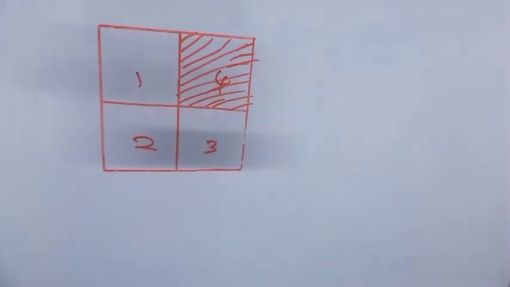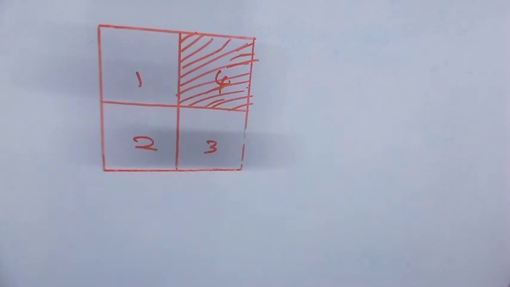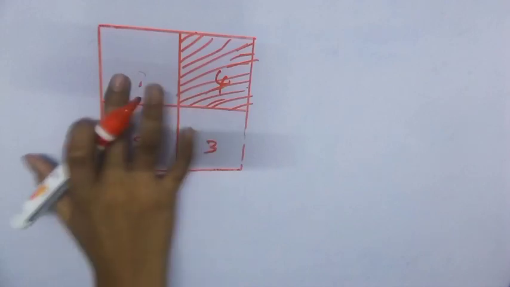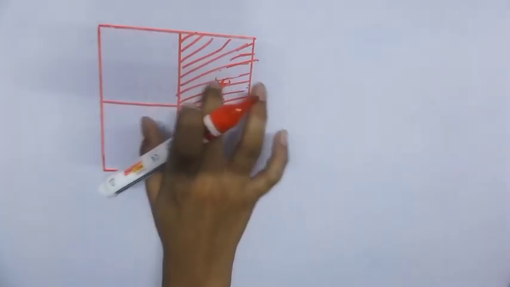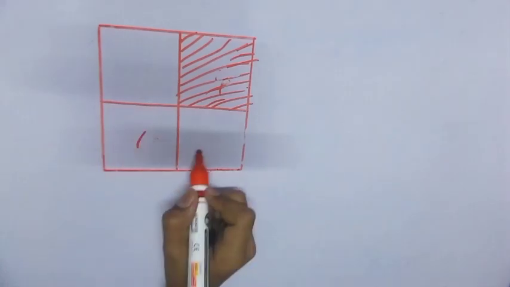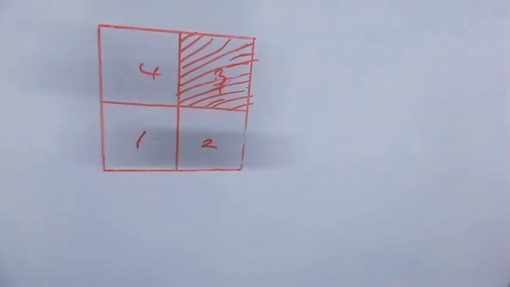In this, I've shaded part 4. There's something special about this part. You can name it anyway, even as 1, 2, 3 and 4.